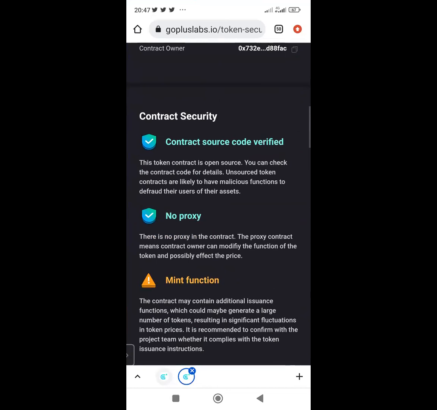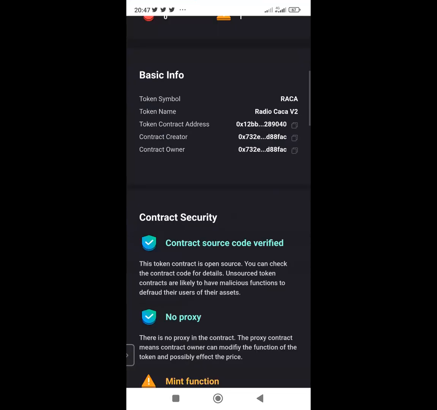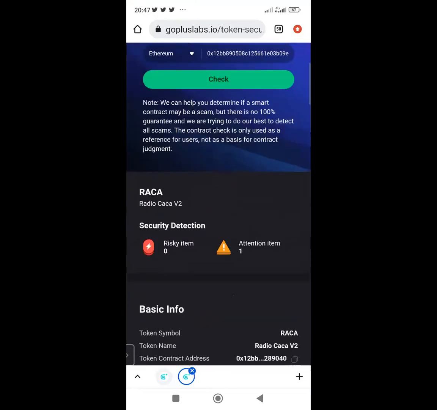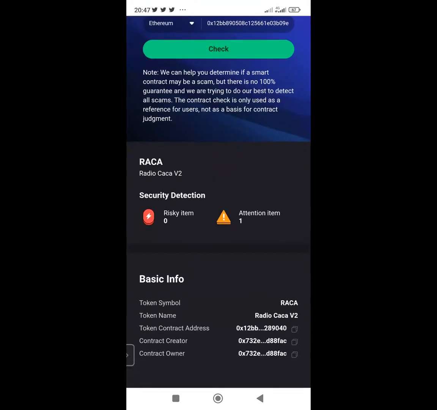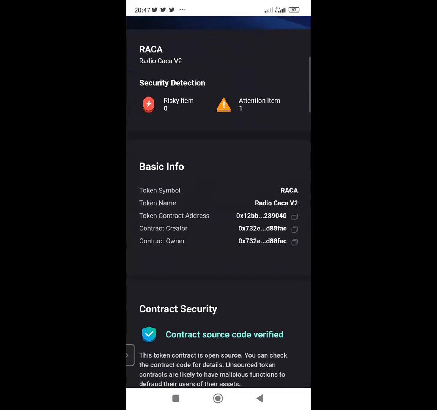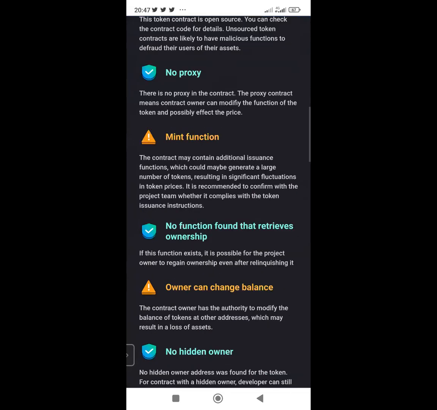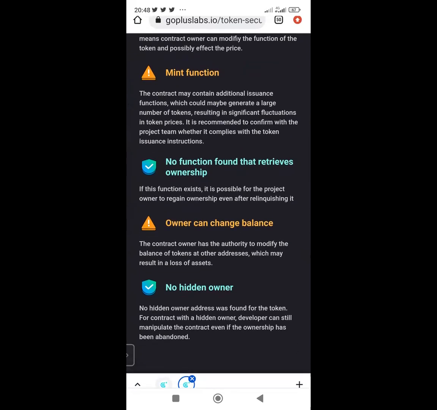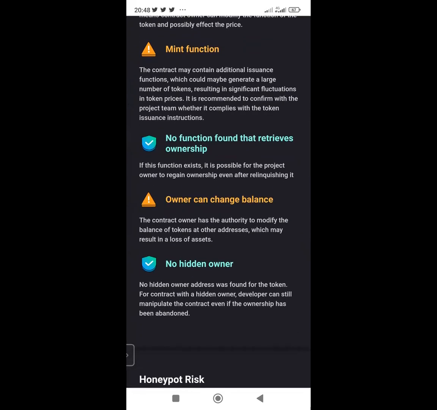Okay, so I was saying this, that mint function. When you see, like here now, they told you just one attention about this particular coin we are studying now. The attention is maybe this mint function you're seeing here, and owners can change the balance.